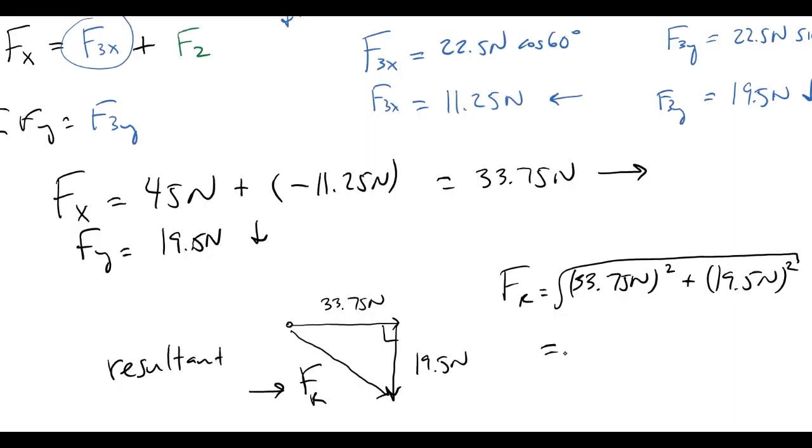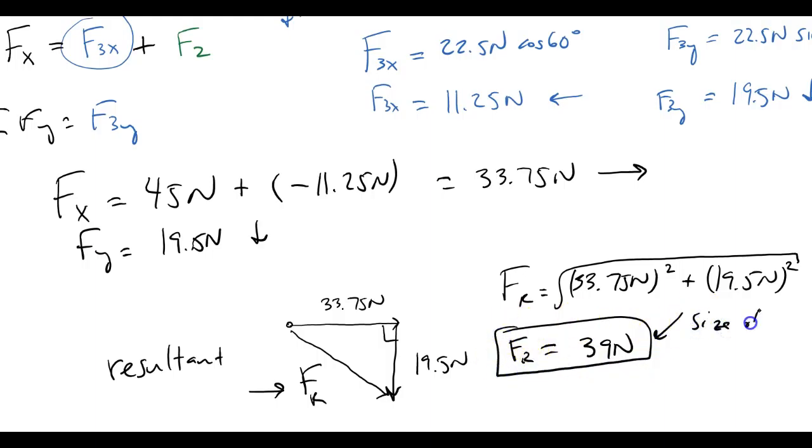I get 1519, but then I'm going to square root that. And I get 38.97, so I'll just say 39. 39 newtons is my resultant. So that is the magnitude. This is the size of the push or pull. That's how hard, right? But then I got to determine a direction. Let's take a look at that direction.